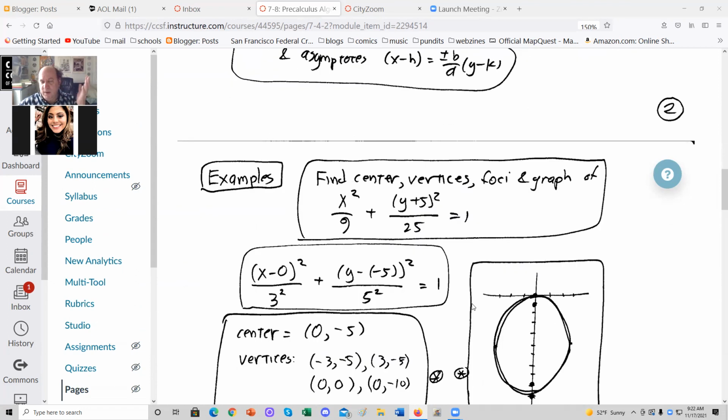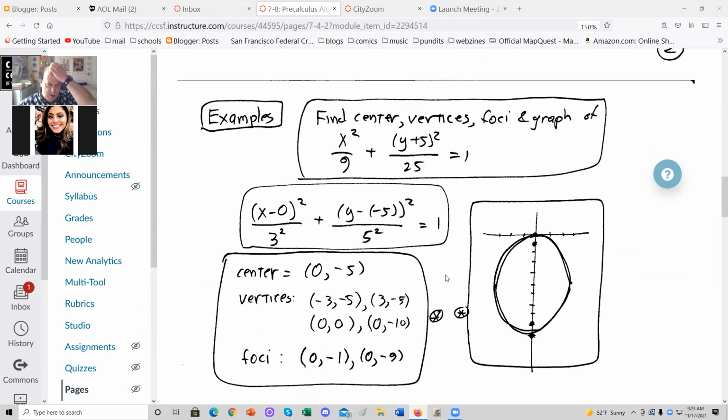All right, here we have x squared over 9 plus y plus 5 squared over 25 equals 1. Find center, vertices, foci, and graph. Okay, we'll write this as x minus 0 squared over 3 squared plus y minus negative 5 squared over 5 squared equals 1. We can read off that the center is 0 by negative 5. For the vertices, you go plus and minus 3 in the x direction: negative 3 by negative 5 and 3 by negative 5.